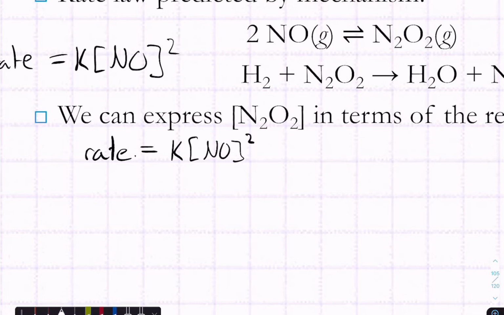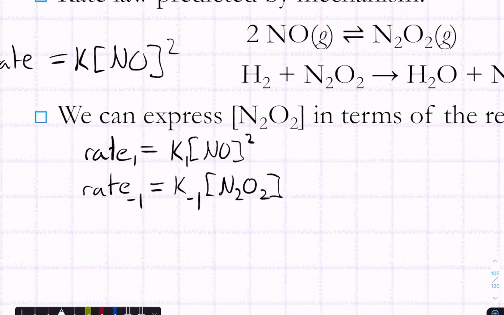So we'll call this rate 1, and this is k1. What would the rate of the reverse reaction be? How would we express that rate law? We'll call it rate negative 1, because it's going in the opposite direction. k negative 1 times the concentration of N2O2.